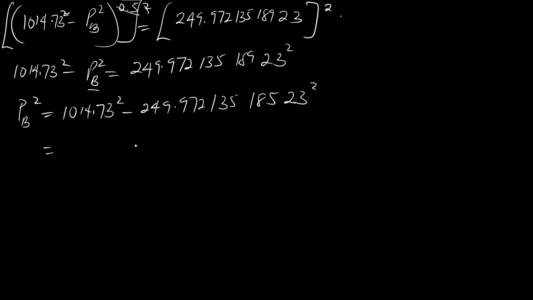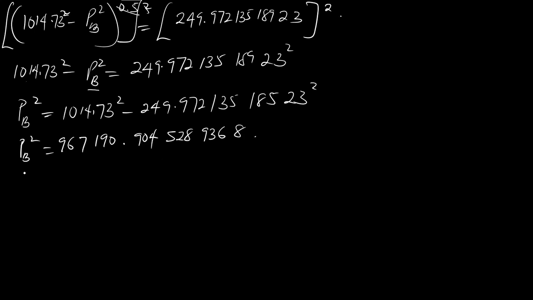So that means PB square will be equal to what? 967 190.528 9368.